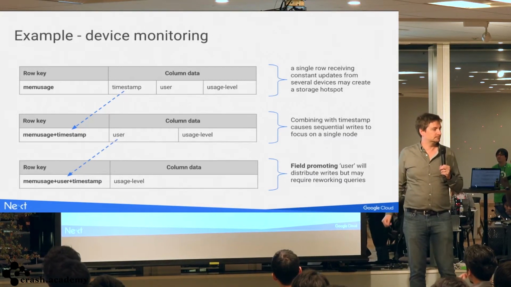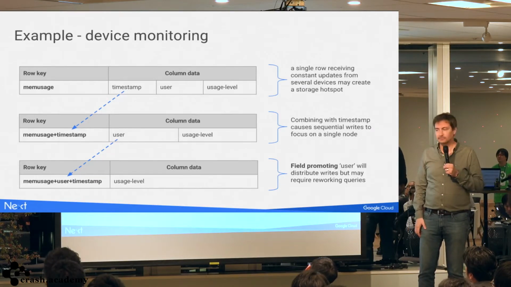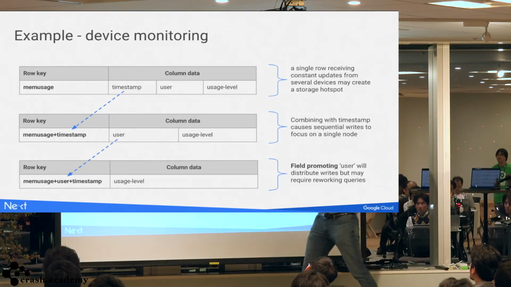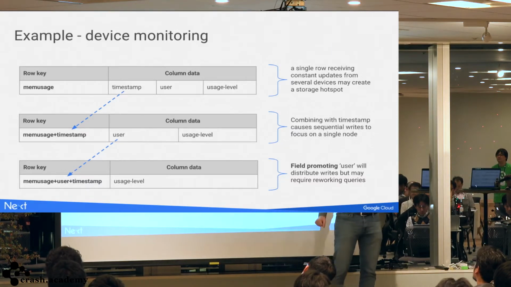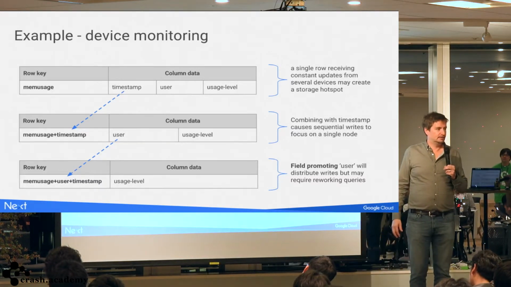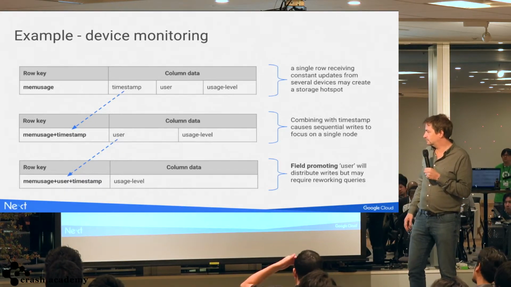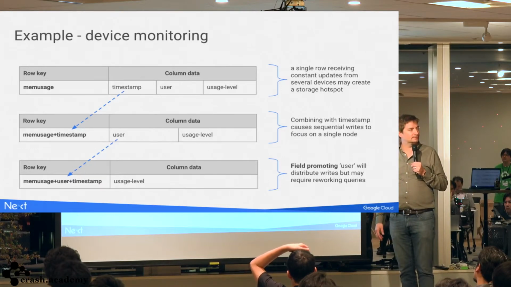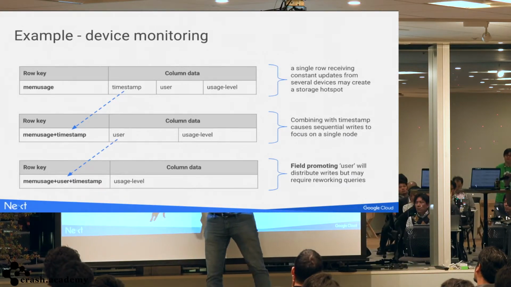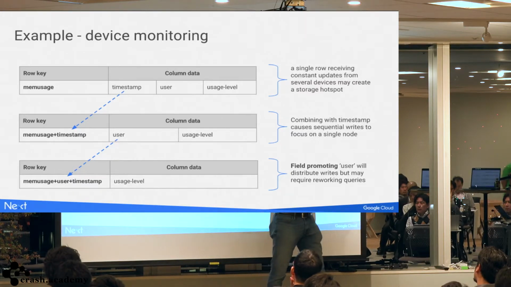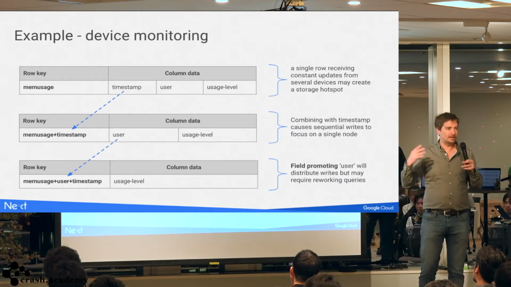Promoting the timestamp helps a little bit by creating a lot of rows, but you still have a hotspot, for the same reason as before. So you move one more piece of data here, the user, which is a good partition key essentially, into the definition, and now you have a well-sharded database.